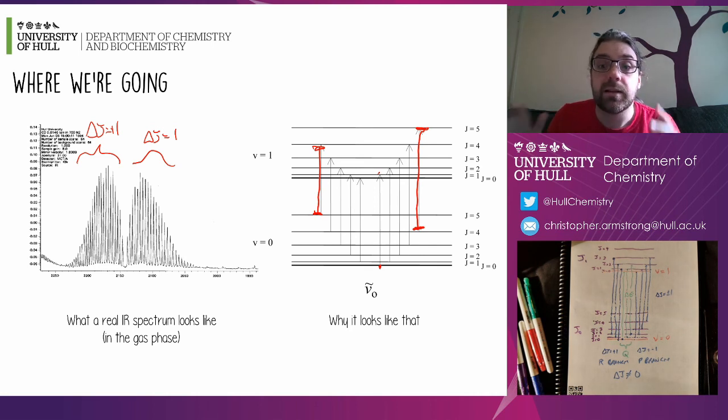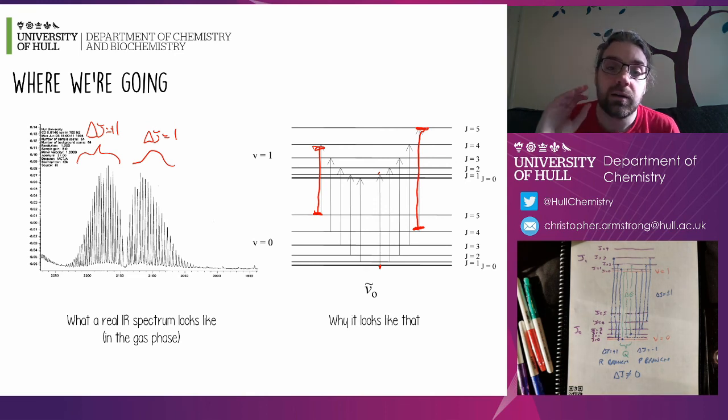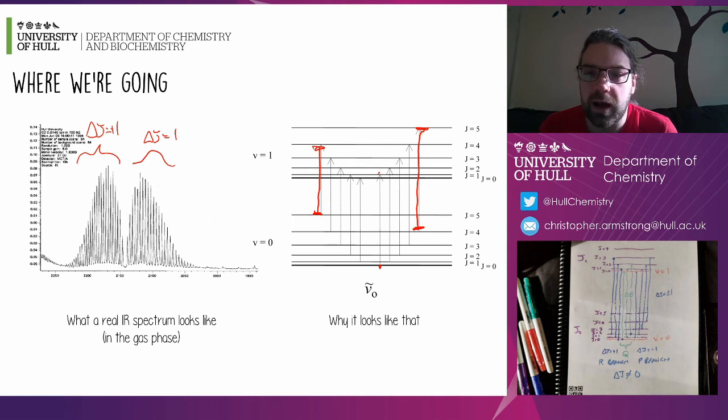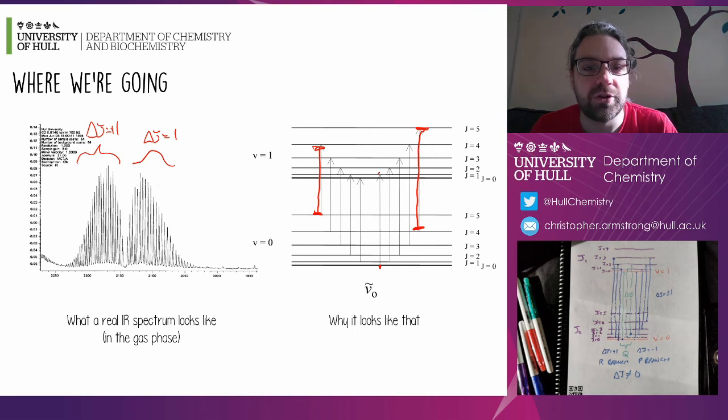But that's the basic idea of where this fine structure comes from. We are looking at transitions that actually change their energy depending on how the rotational state changes. If you measure them out, they get progressively shorter. And I'll leave as an exercise to you in some questions how much do they get shorter by and what are the spacings between those.